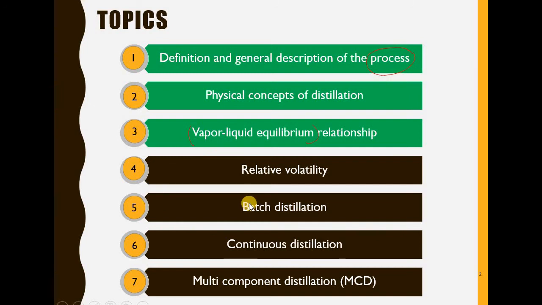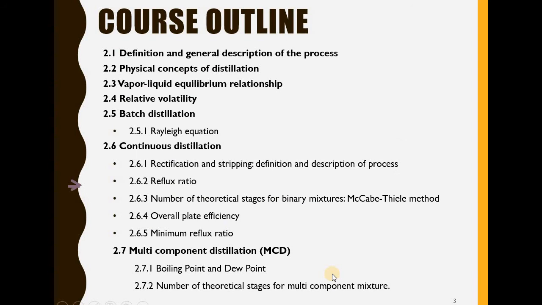Number 5 and 6 are the 2 types of distillation, batch and continuous distillation respectively, and 7 is multi-component distillation. Okay, this is the course outline for this topic.